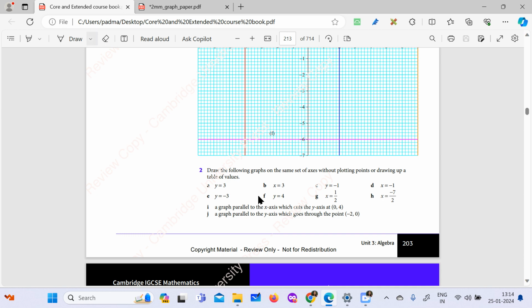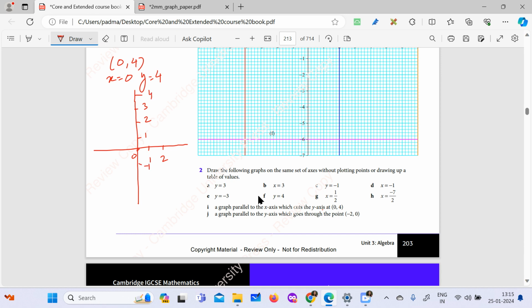This question is: a graph parallel to the x-axis which cuts the y-axis at (0, 4). Here the coordinate (0, 4) says x is equal to 0, y is equal to 4. So what we can do is draw the axis. 0, 1, 2, 3 and 4.